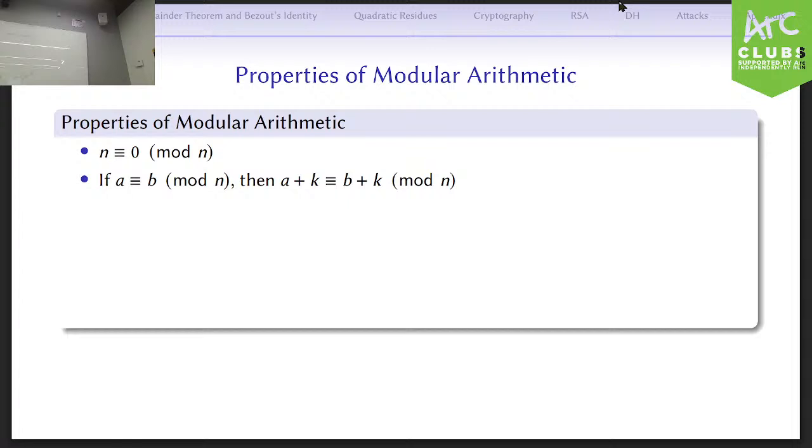That also means A plus 0 minus B is equivalent to 0. Now, this is a common high school trick: A plus K minus B plus K is equivalent to 0 in mod n for an arbitrary K, and when you move that part aside, you have the result A plus K is equivalent to B plus K in mod n. That seems pretty chill, right? We'll get to tastier stuff later in the revision.